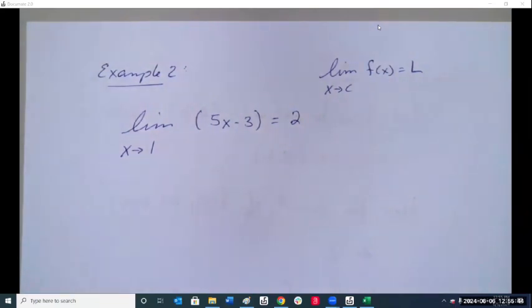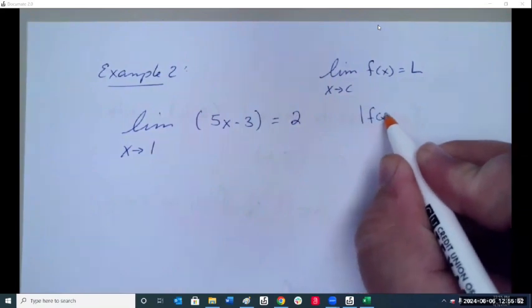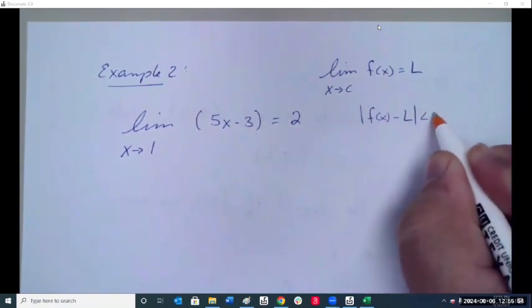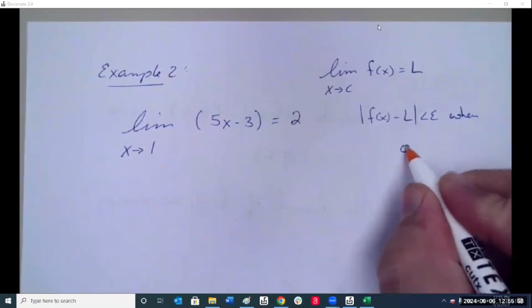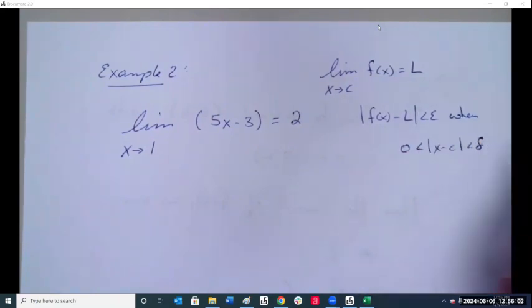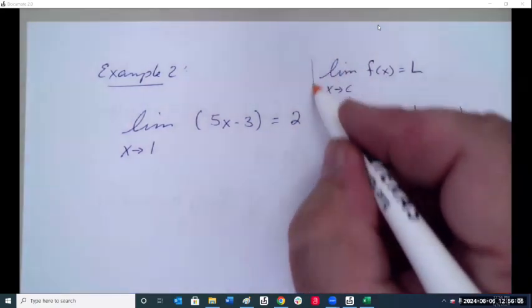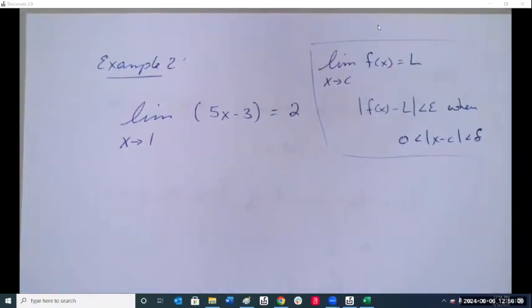Show that this is true. So remember, we looked at f of x minus L is less than epsilon when x minus c is less than delta. This is the procedure we have to use.